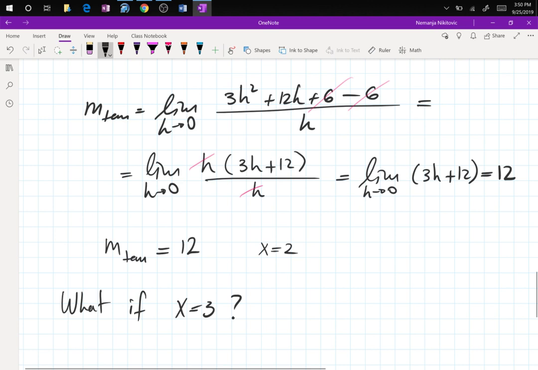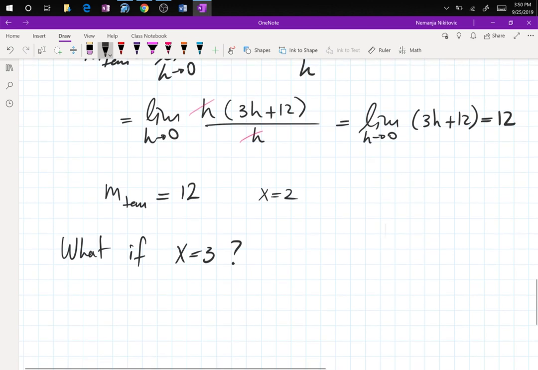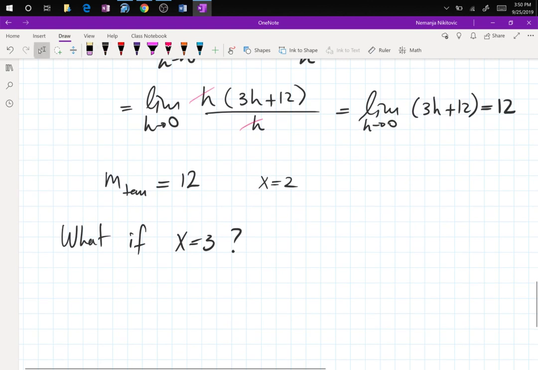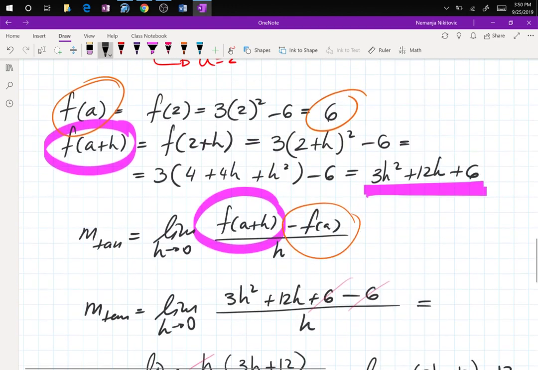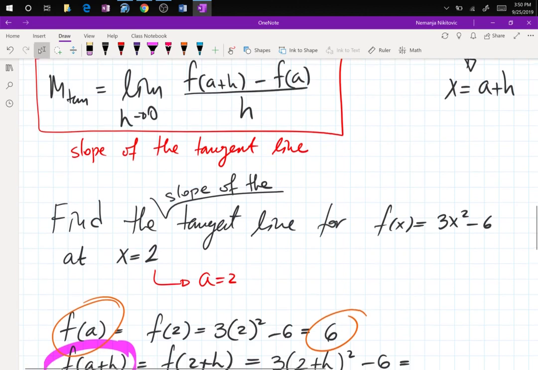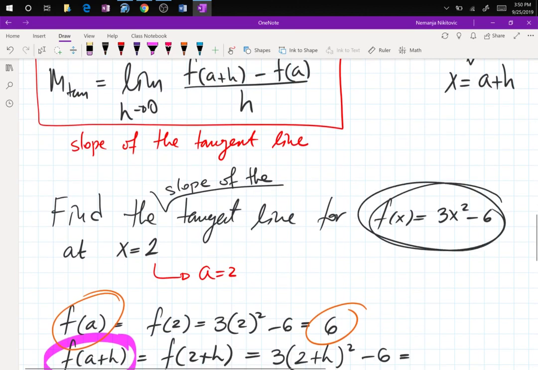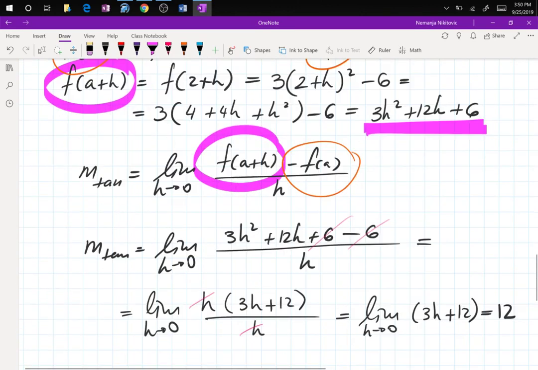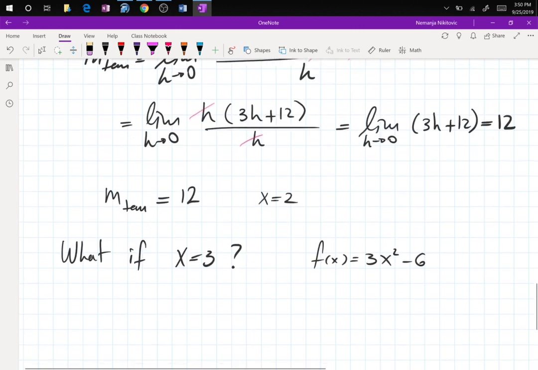Everything changes if you switch the location for x. So, back to scratch. You know that your f of x is 3x squared minus 6. That's given to us, right? That's the text of the problem, 3x squared minus 6. You have to recompute everything.